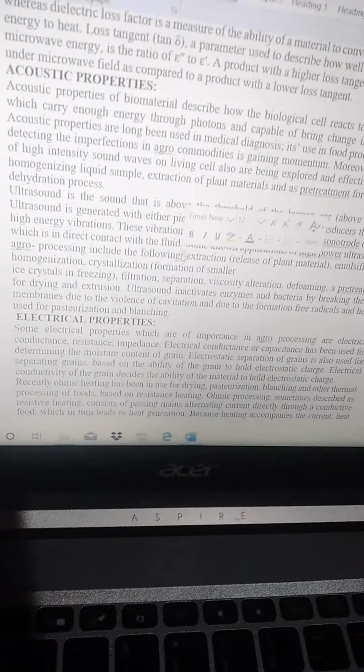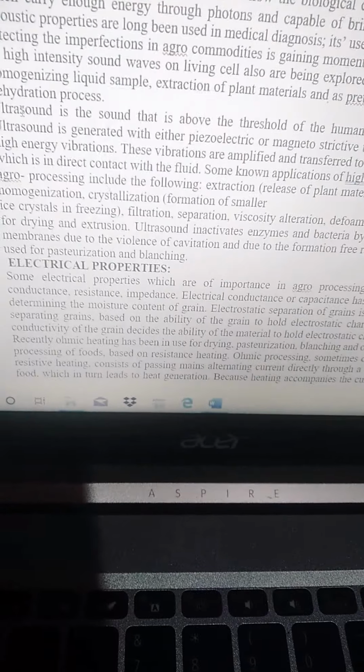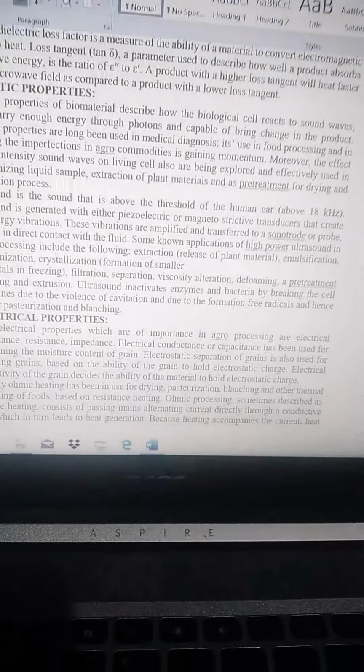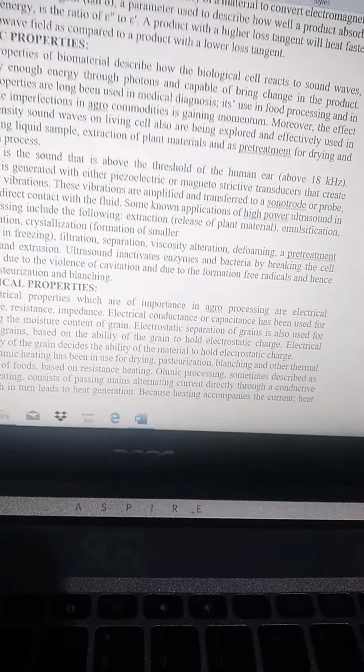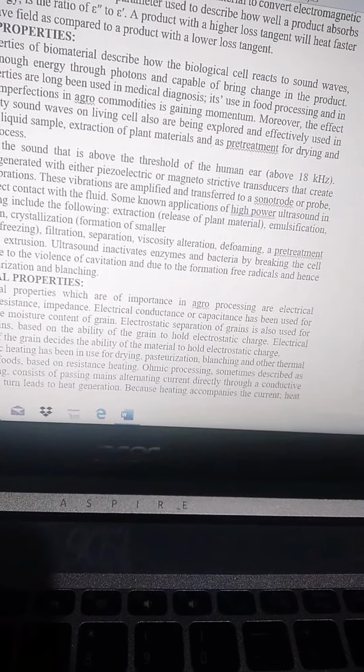And now next is ultrasound. First we studied sound and now we study ultrasound. Ultra means extremely, and sound we already know is vibration that progresses through a medium by means of compression and decompression.